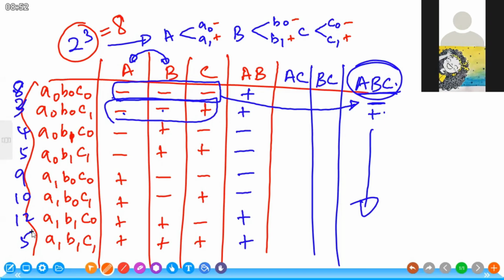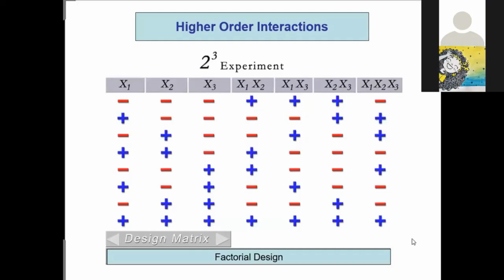So you can take the averages and see whether these effects are there. This table is as such. According to our example, this is A, this is B, this is C. So this is AB, AC, BC, and ABC. Nothing else.